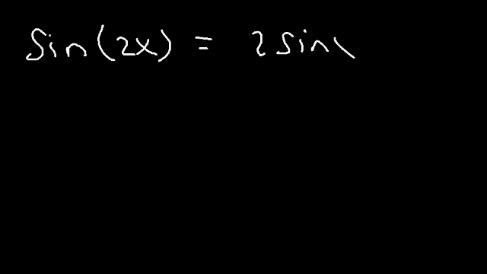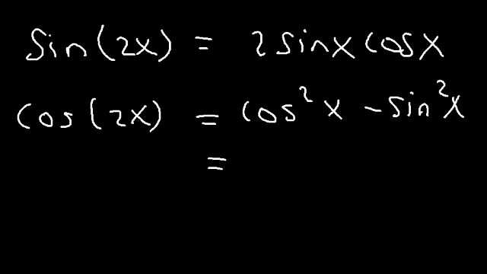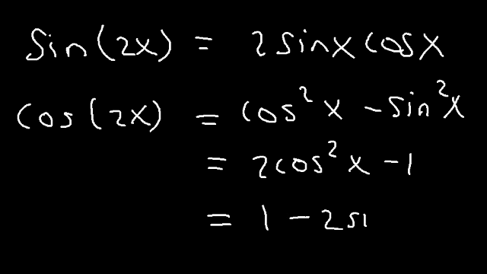And sometimes you may or may not need the double angle formulas. Sine 2x is 2 sine x cosine x. Cosine 2x is cosine squared minus sine squared, which is the same as 2 cosine squared minus 1, or you can write it as 1 minus 2 sine squared.